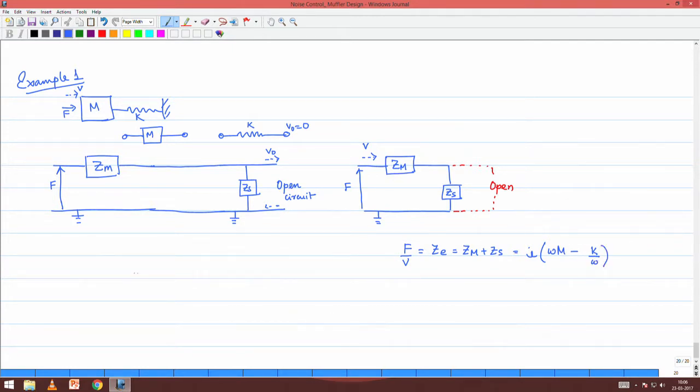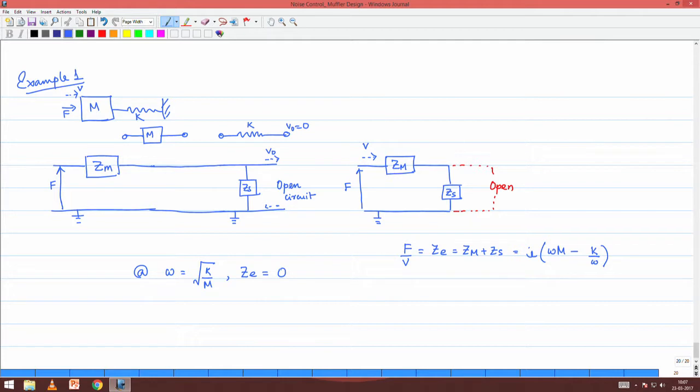So, therefore, at omega equals square root k by m, what will happen? At omega equals square root k by m, we will see that Z equivalent is going to be how much? 0, right.